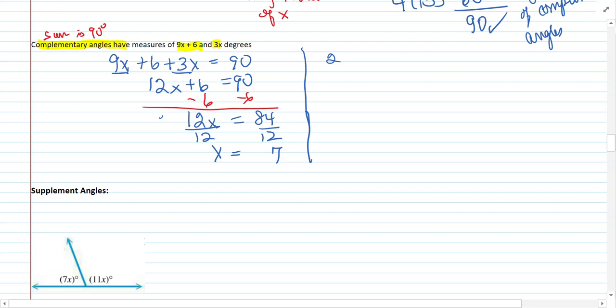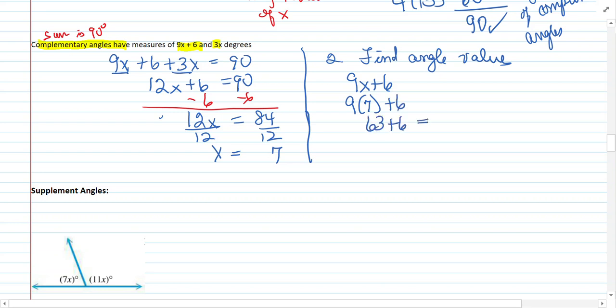So now we did the first part. Our second part is to find the angle values. Our first one was 9x plus 6. That gives me 9 times 7 plus 6. 63 plus 6 looks like 69 degrees.